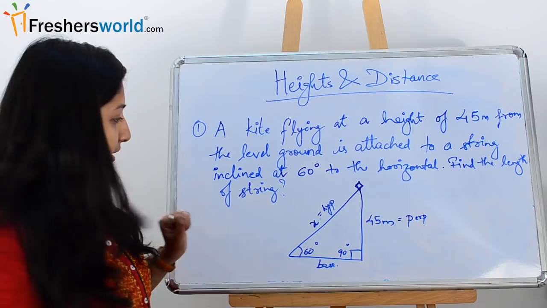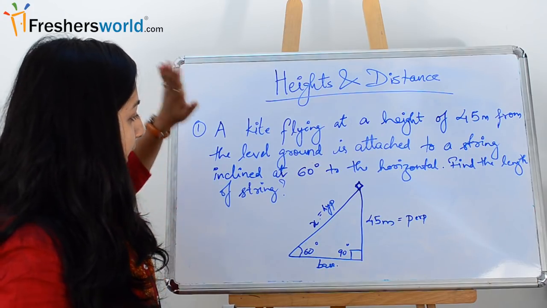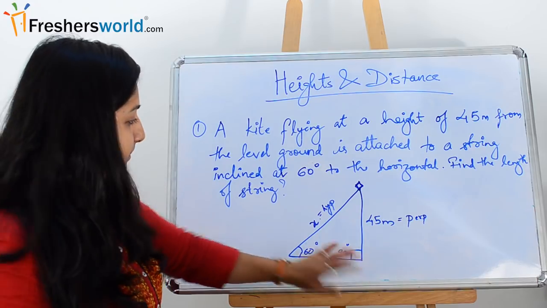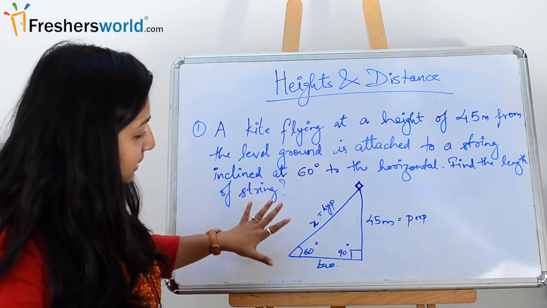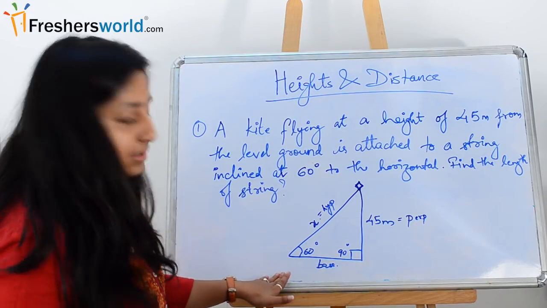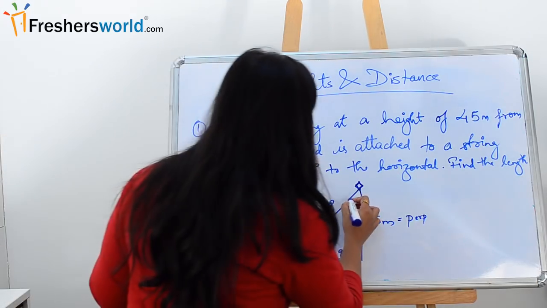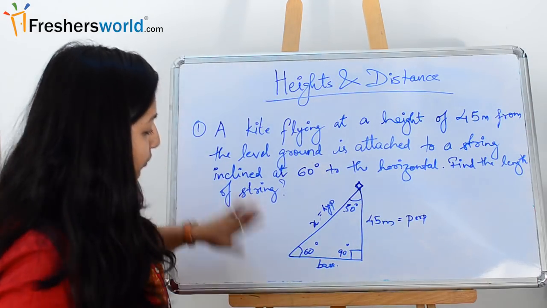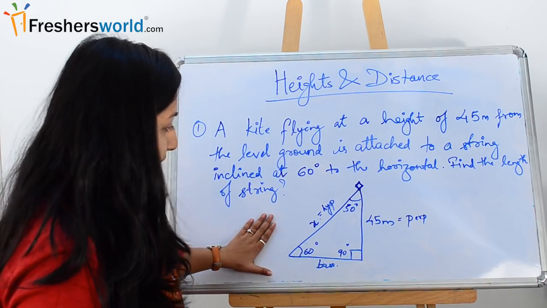Like we said in our last video, any right angle triangle will have one angle as 90 degree. The sum of all the angles in a triangle will be 180 degree. So if this is 90, this is 60, obviously this will be 30 degree. Now we have all the angles laid out.